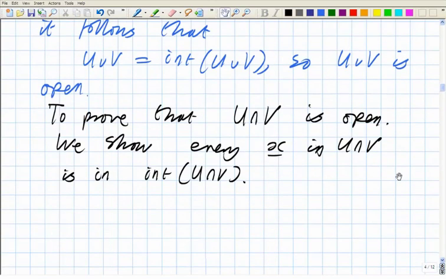Now, it would be very slightly dangerous to say, let X be in the intersection, because there might not be any.